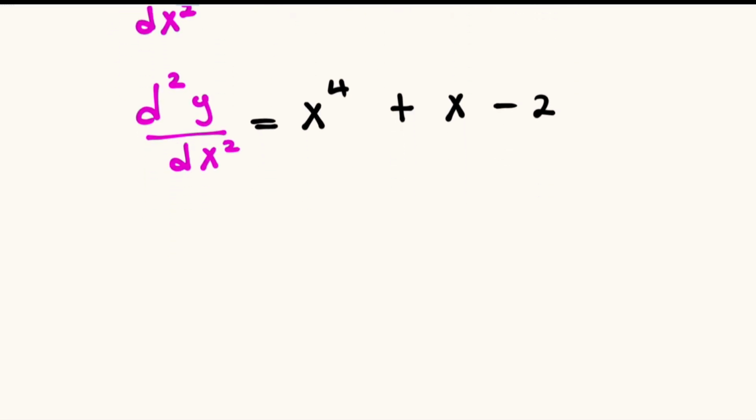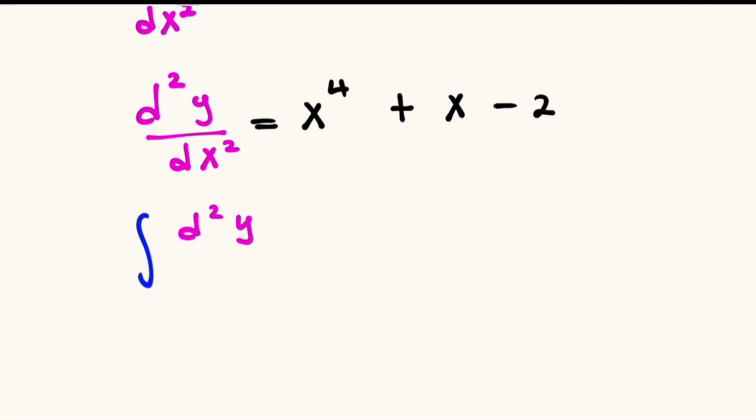On the left hand side, we have the second derivative of y with respect to x. If we were to differentiate this, we will get the third derivative. But if we were to integrate this, it will take us back to the first derivative of y with respect to x. So for this reason, we are going to introduce the integral sign on both sides of the equation.